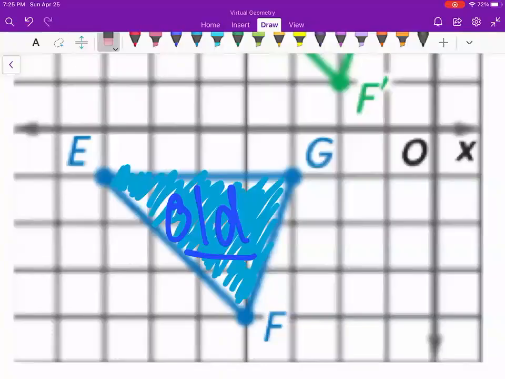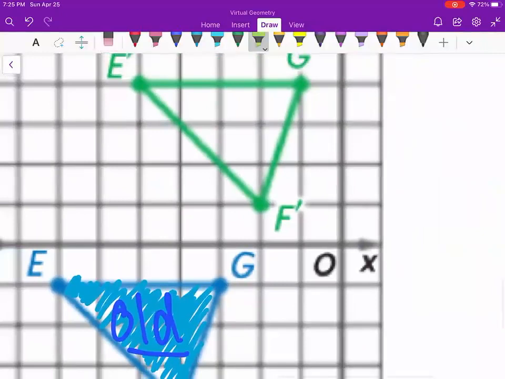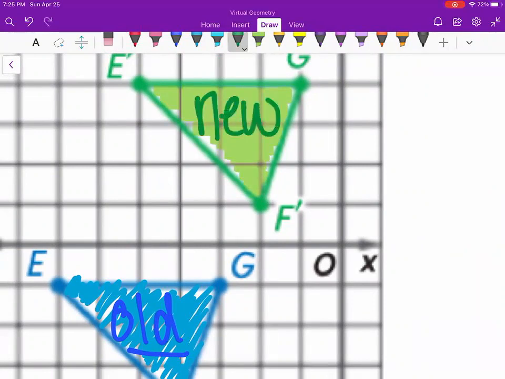Which means the shape that is above is going to have to be the new one because it has those apostrophes. And we need to see how far did it move. So let's go corner to corner, point to point, and see what happened.